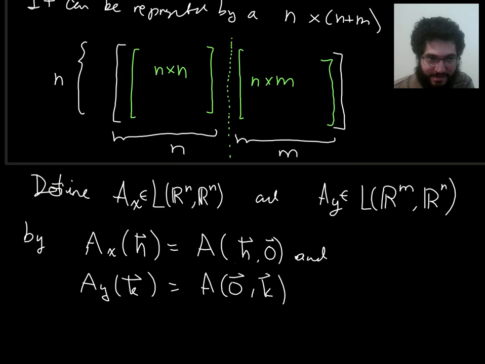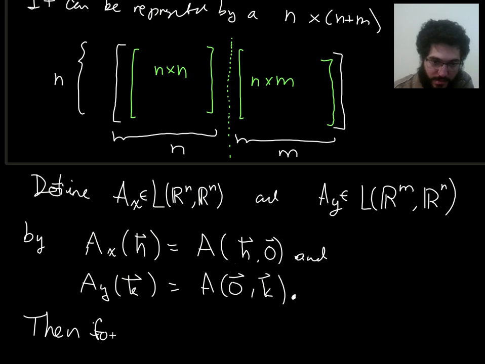Okay, then what I was describing here is that when you apply this matrix in the standard basis to a column vector with n plus m entries, then it'll apply this to the first n, and then apply this to the next m, and then add the results. That's what it does. So that principle is worth pointing out.